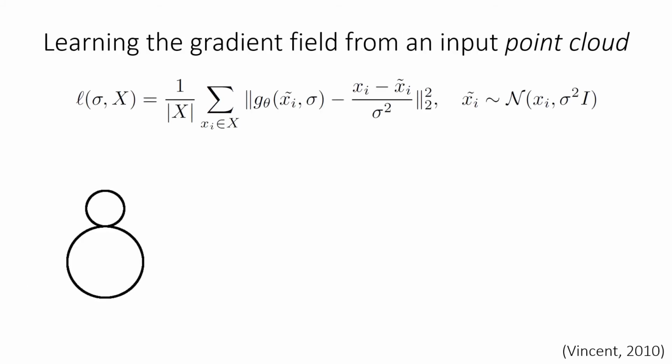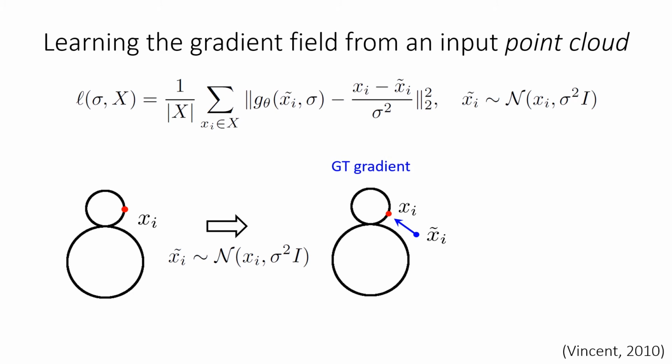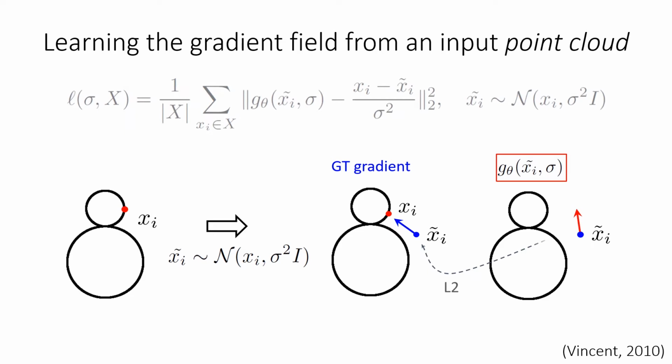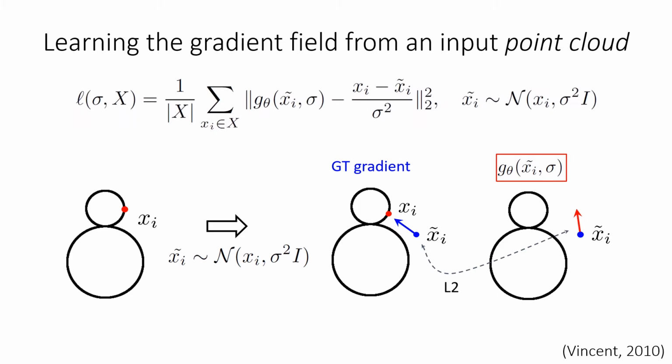Inspired by prior work, we compute the ground truth gradient field by perturbing the provided points with Gaussian noise. The true gradient at the perturbed point, denoted as xi tilde, is defined to be in the direction of the original data point xi. Then we can do a simple L2 loss between the predicted gradient and the ground truth gradient at point xi tilde. For more details, please refer to our paper.